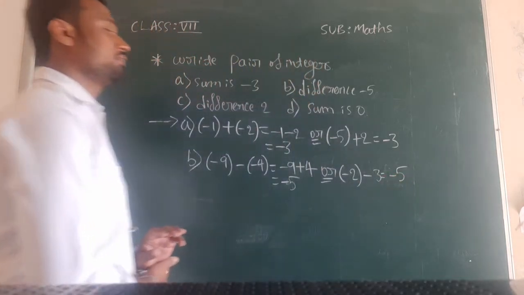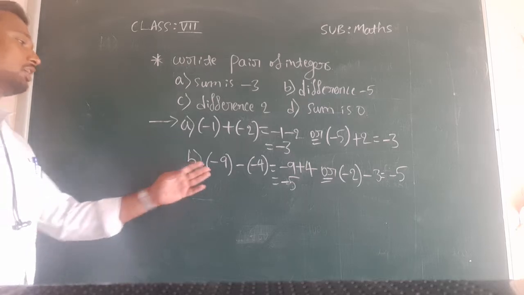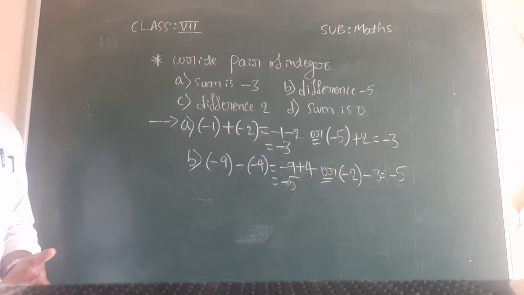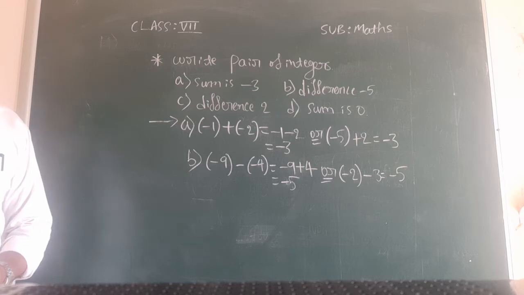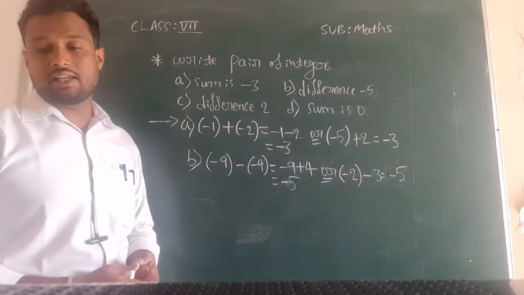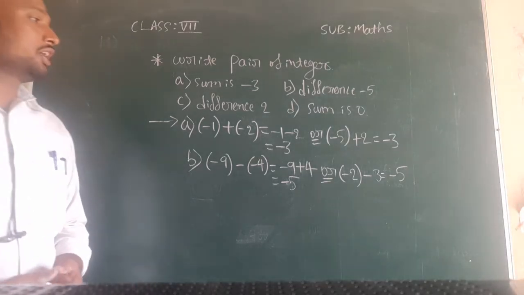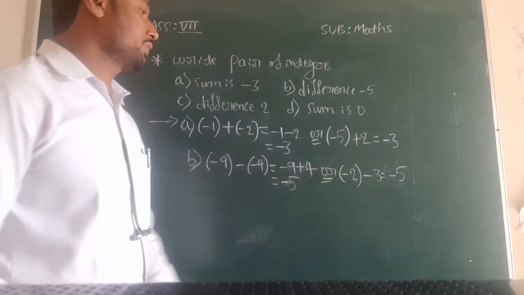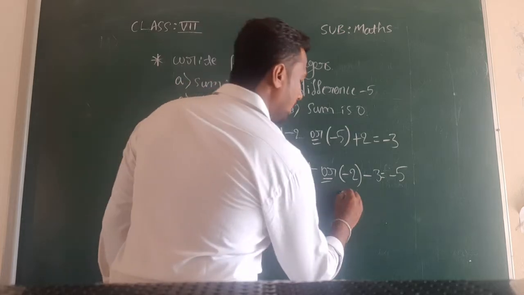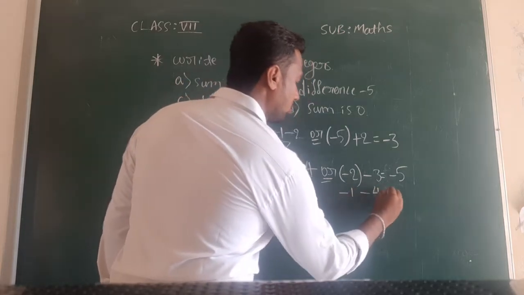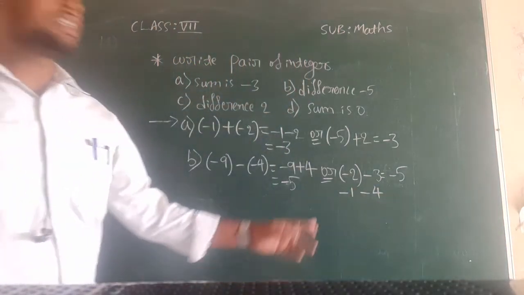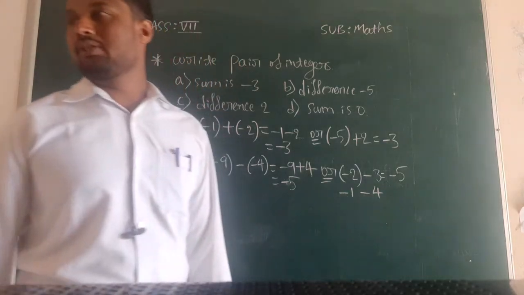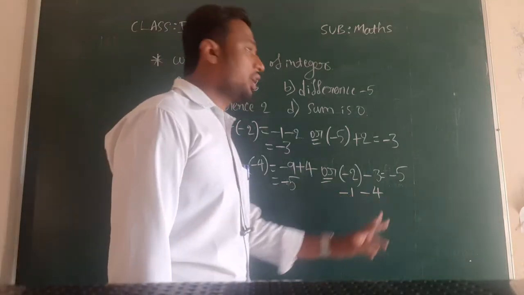Minus 5 only. So here in both cases we are getting minus 5. Like this only you can write so many pairs of integers to get the difference as minus 5. Here we have written minus 2 minus 3 to get minus 5. Like that only I can write minus 1 minus 4 also. You can see here minus 1 minus 4, what will you get? Minus into minus is plus, therefore here you have to add.